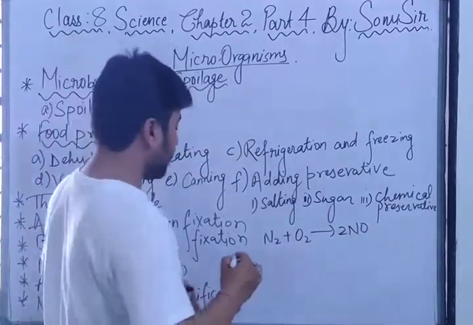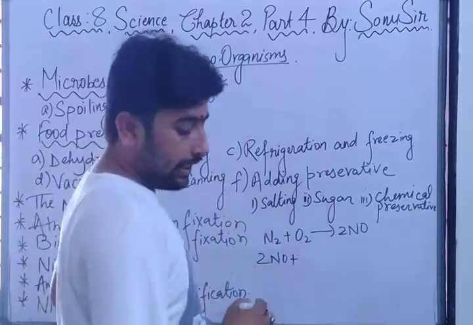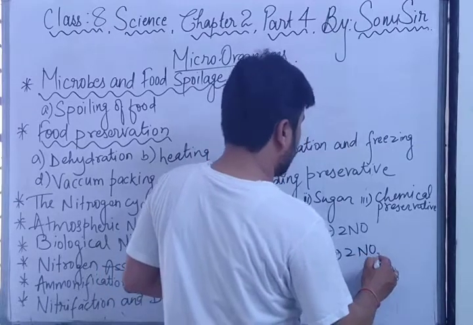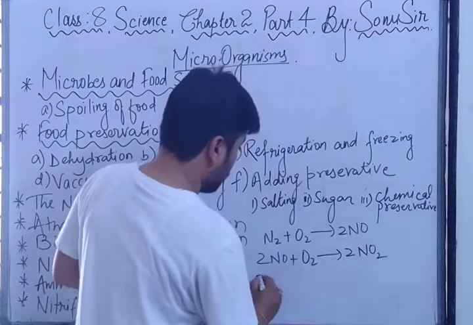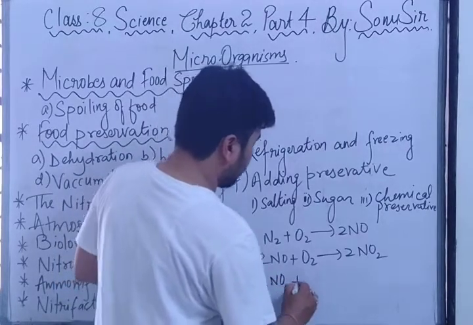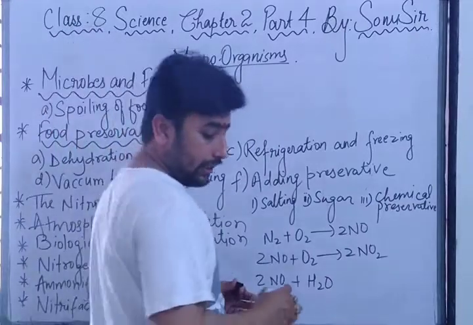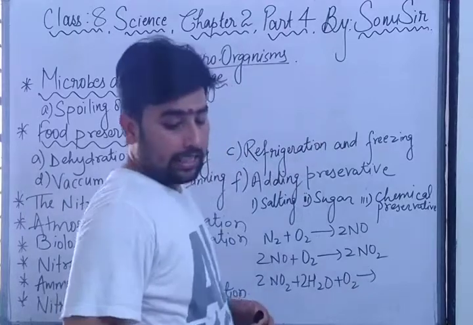Second, when this 2NO is reacted with oxygen again, it gives you nitrogen dioxide, that is 2NO2. When this nitrogen dioxide is reacted with water, H2O, and oxygen, it gives us nitric acid.